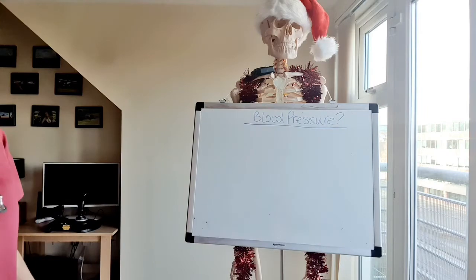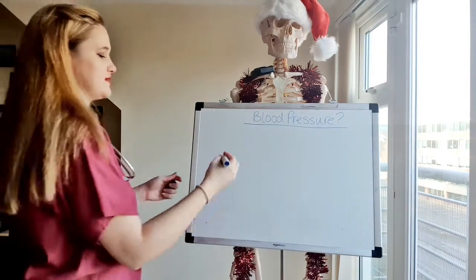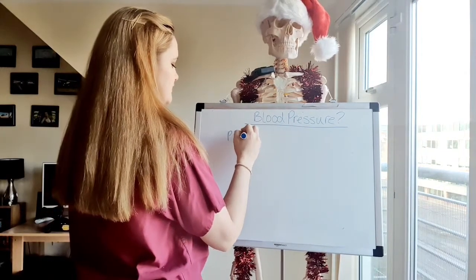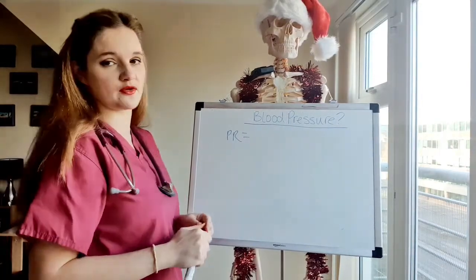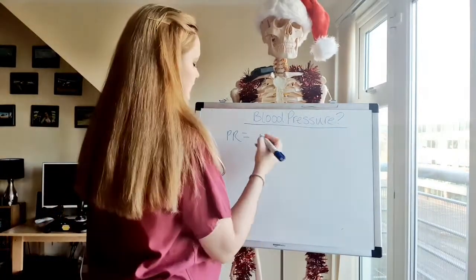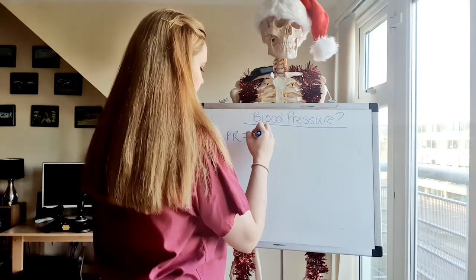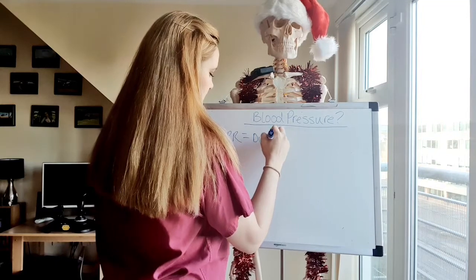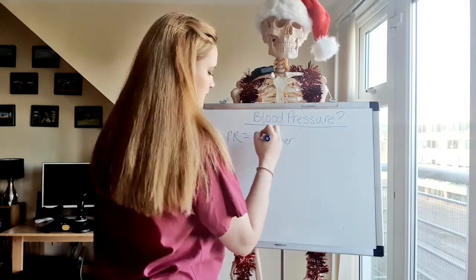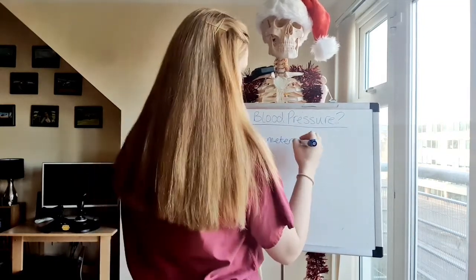I also want to look at what determines peripheral resistance. So peripheral resistance, what determines that? What determines how difficult it is to pump blood around the body? So you will have the diameter of arterioles, mainly arterioles, but blood vessels in general.